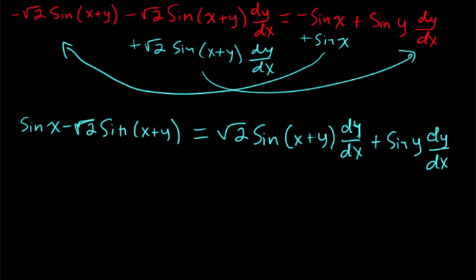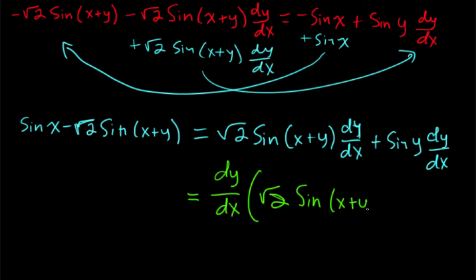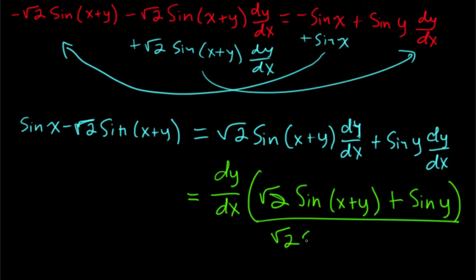Okay, from here we're just going to factor out a dy dx from each of those. And then we can divide this onto the other side.